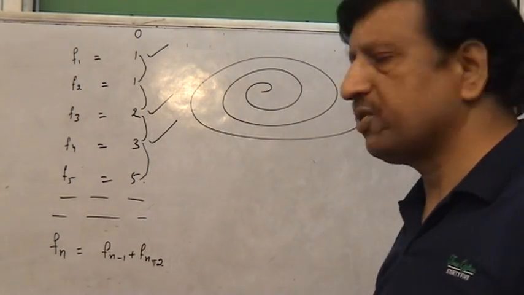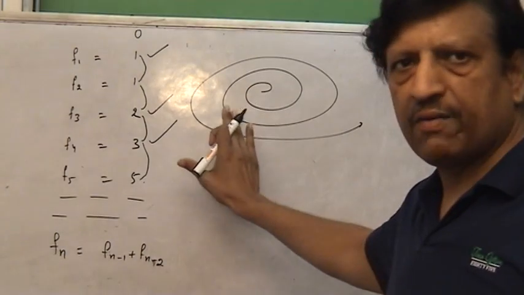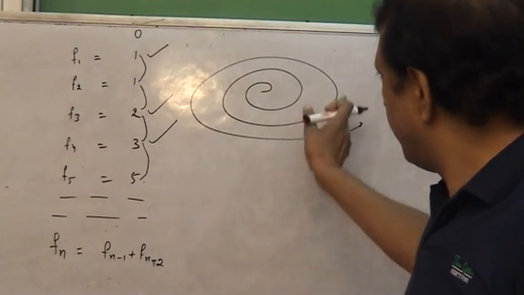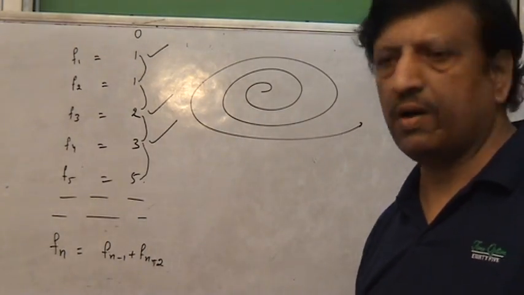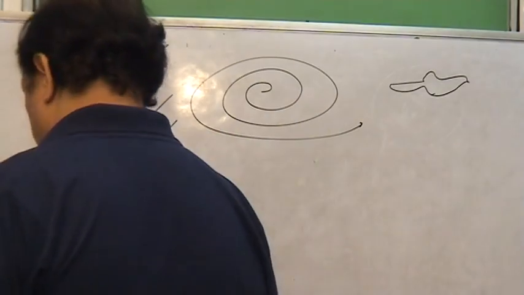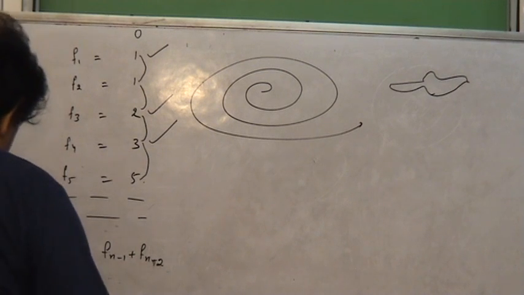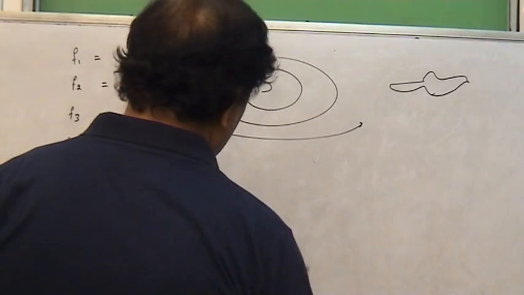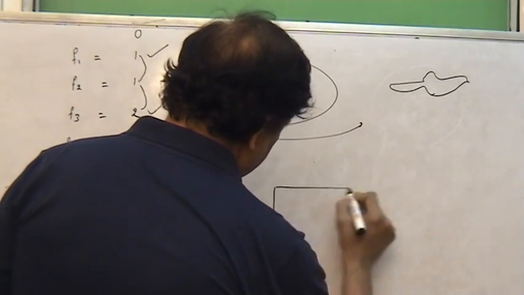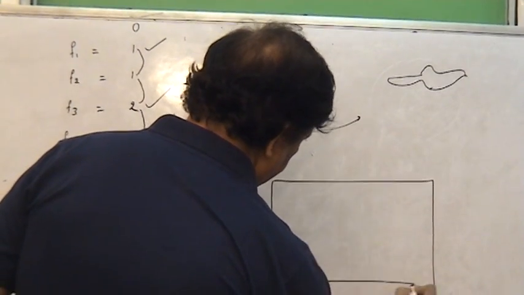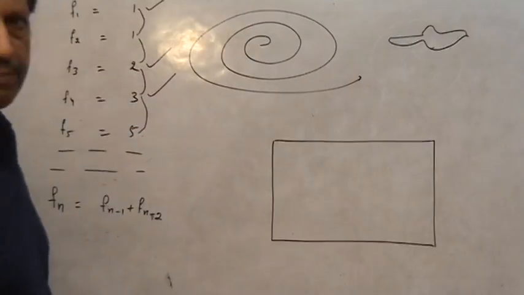Let us draw a small spiral and see how we can extend it with the help of a graph, or you can make it with the help of a computer also. Let us see. It is a square, or you can use a graph paper.